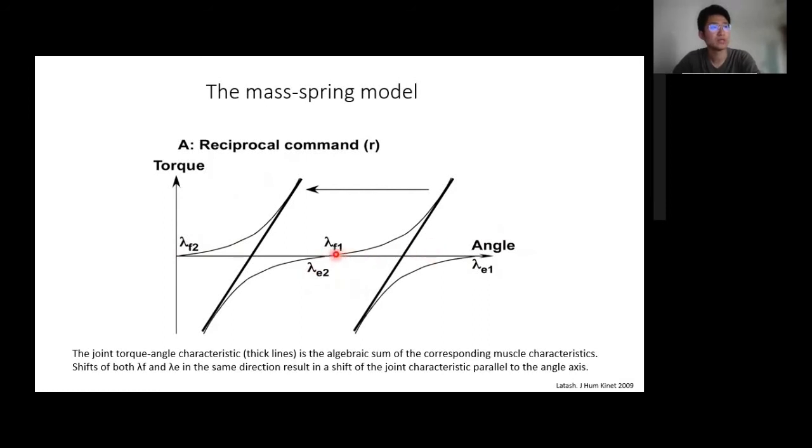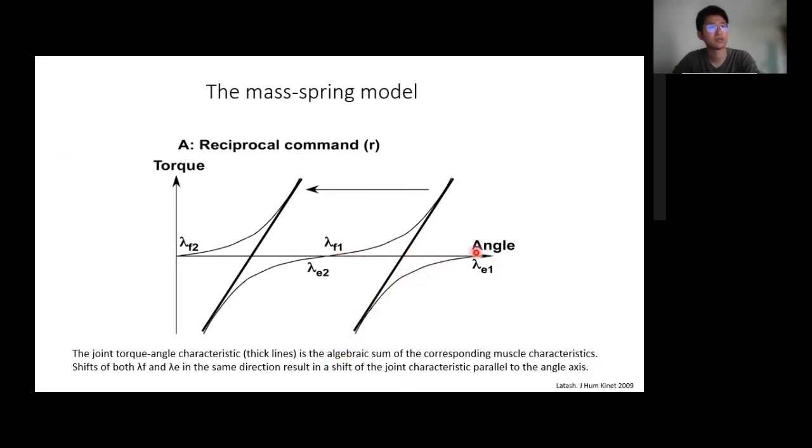So here we have this force length relationship plotted in the torque angle space. Now this lambda is in the angular domain. And we have this characteristic of the flexor muscle. And the extensor muscle will have the opposite sign of the torque. That's why it's drawn below the horizontal axis.